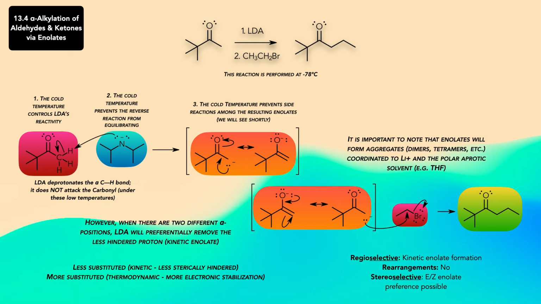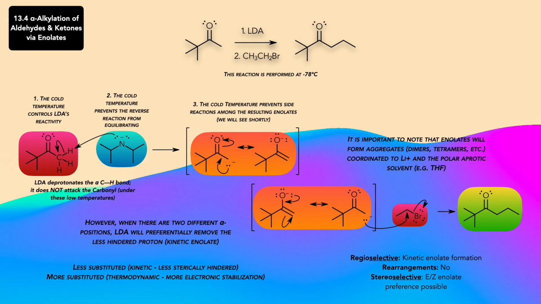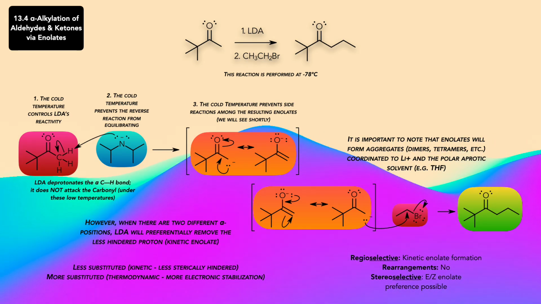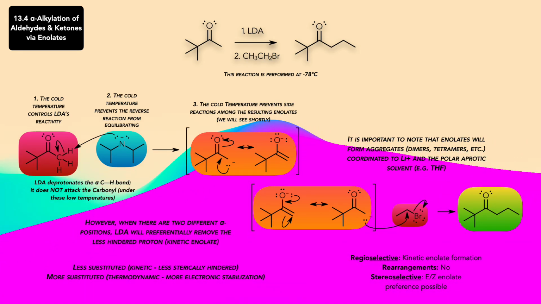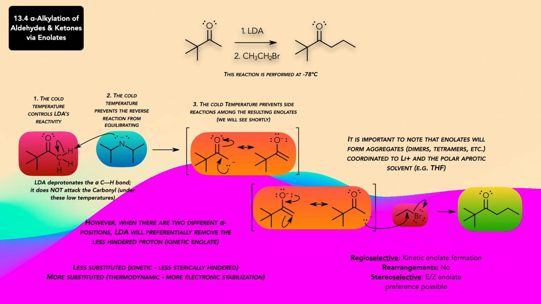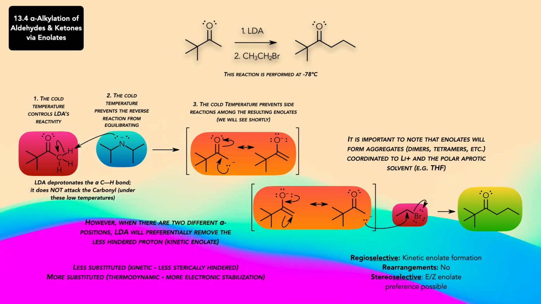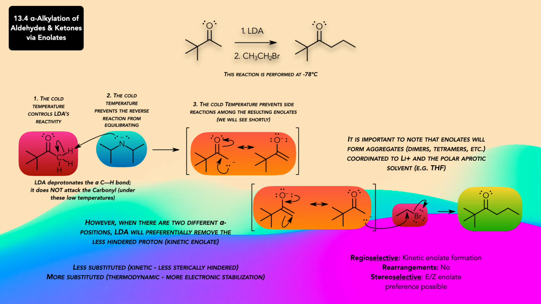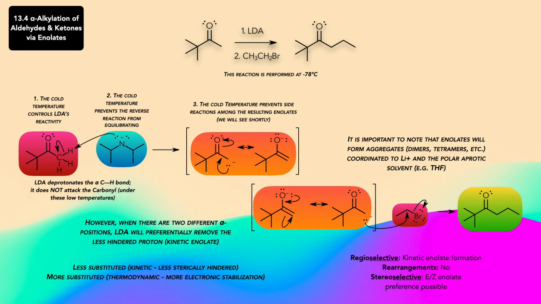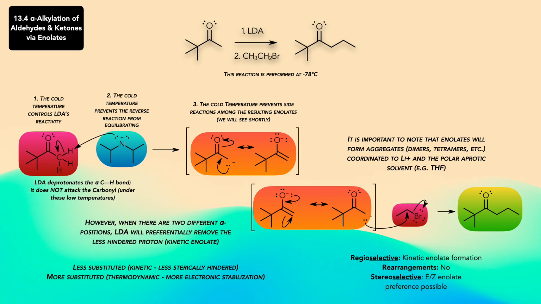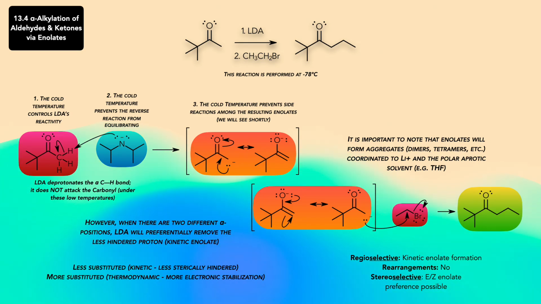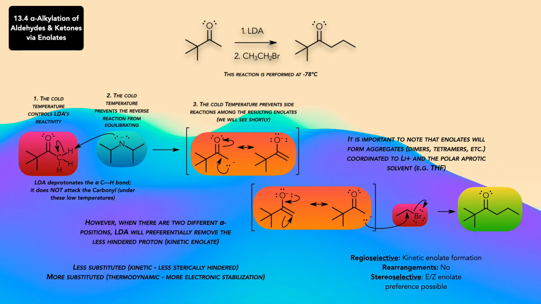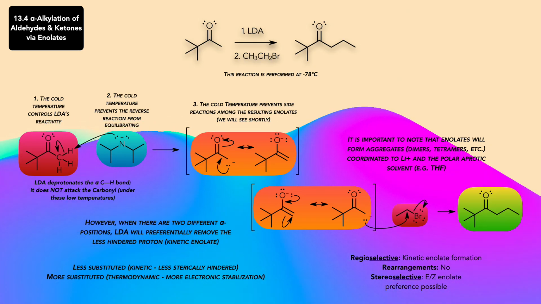LDA is extremely strong, extremely bulky, and typically used at negative 78 degrees Celsius. At these low temperatures, LDA removes the least hindered alpha hydrogen, forming what is called the kinetic enolate. Once the enolate forms, it reacts with an alkyl halide through an SN2 reaction, creating a new carbon-carbon bond.